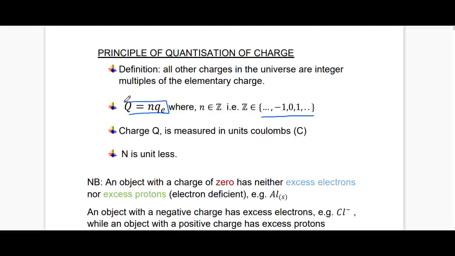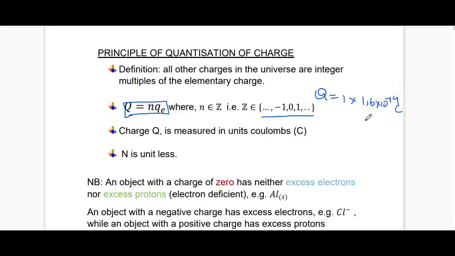Now the formula of the principle of quantization of charge is this: charge is equal to the number of electrons multiplied by the elementary charge. So for the charge on an electron, if we have one electron, the charge is equal to 1 multiplied by 1.6 times 10 to the power negative 19 coulombs.